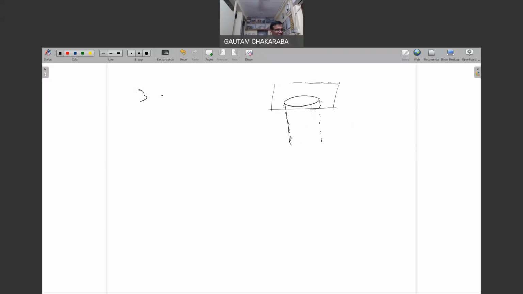Okay, so that means volume of earth, that is mean volume of cylinder. Volume of earth is pi r square h, 22 by 7, radius is 7 by 2 into 7 by 2. Okay, and height is 20.